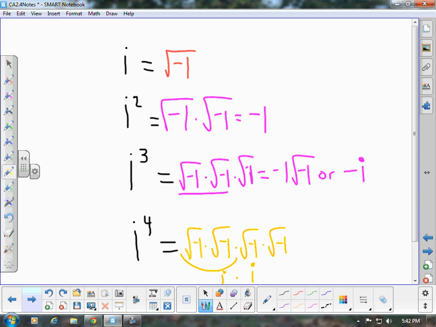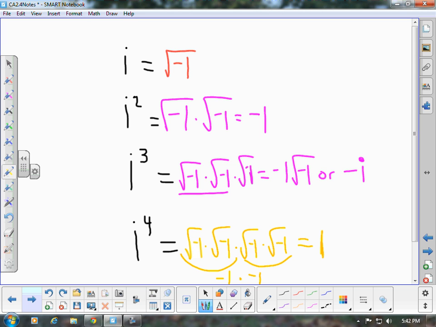No, that's not right. Square root of a negative 1 times the square root of negative 1 is a negative 1. And then the square root of a negative 1 times the square root of negative 1 is also a negative 1. And then when you multiply those, that becomes 1.